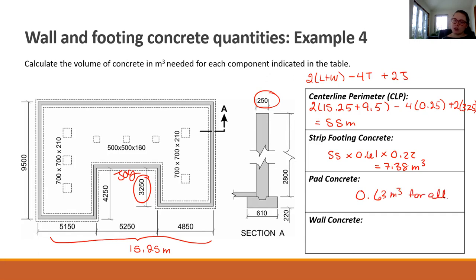I'll let you do the calculation on that. And then for wall concrete, 55 times 0.25 times 2.8 leaves us with 38.5 meters cubed.